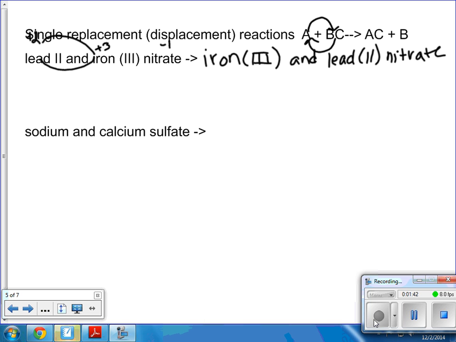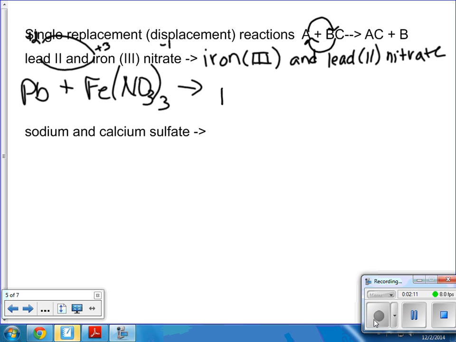Alright, so now let's write out the formulas. Lead 2, lead is just Pb. We don't have to do anything with that Roman numeral 2. We just needed that in the product side. Plus iron 3 nitrate. So Fe, NO3. Iron's a +3, nitrate's a -1. So we put nitrate in parentheses and the 3 outside, our yield sign.